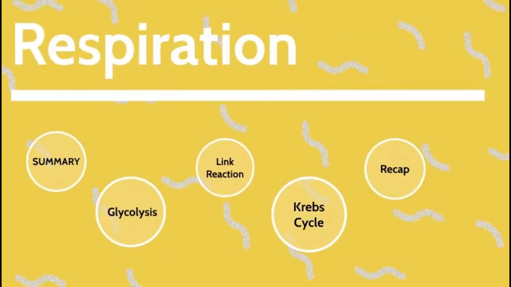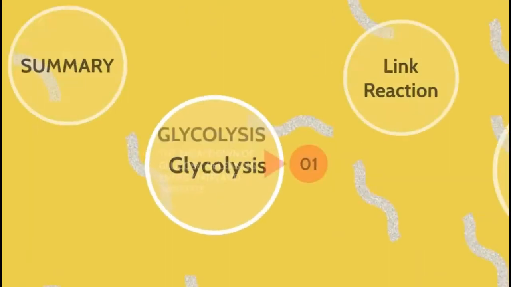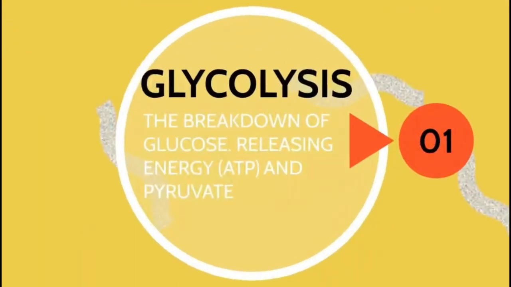Let's start with the first step in aerobic respiration, which is glycolysis. This occurs in the cytoplasm, outside of the mitochondria, and glycolysis is the part where we start to break down glucose. Glycolysis: lysis meaning to break down, and glyco referring to glucose.